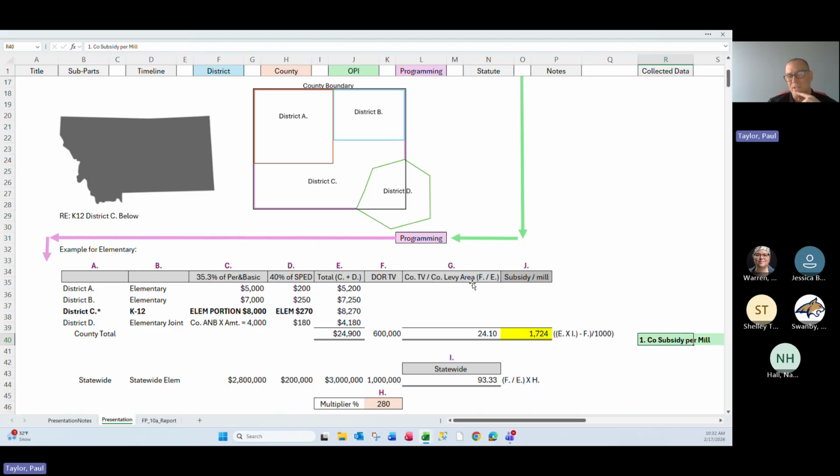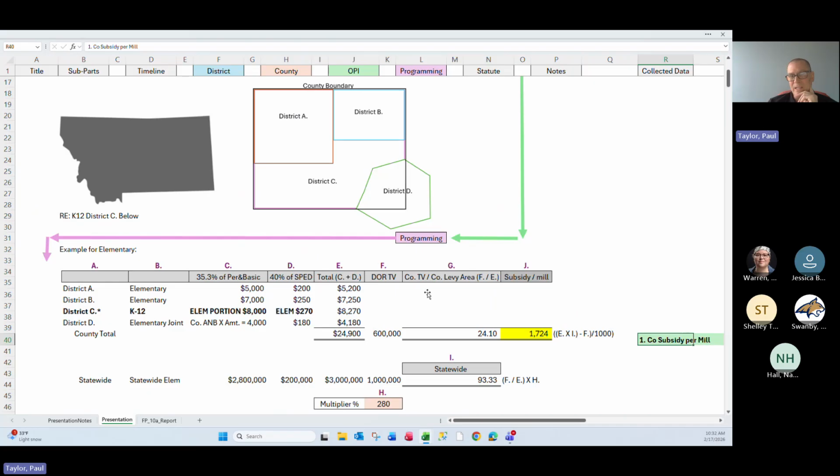But if we think about what the calculation represents, well, the per and the sped are predominantly made up of calculations that are determined based on A and B, which is also enrollment. So it's a ratio of the county's wealth divided by, in large part, the number of students represented in that county.